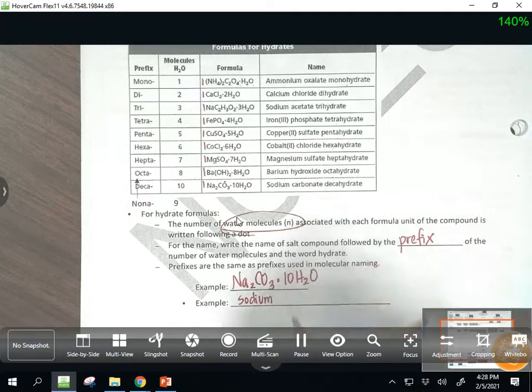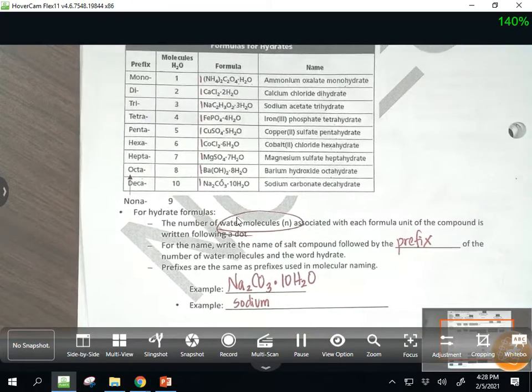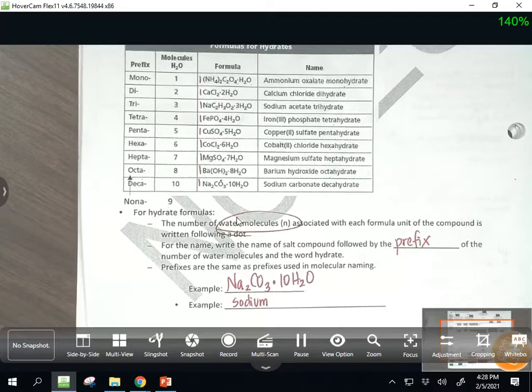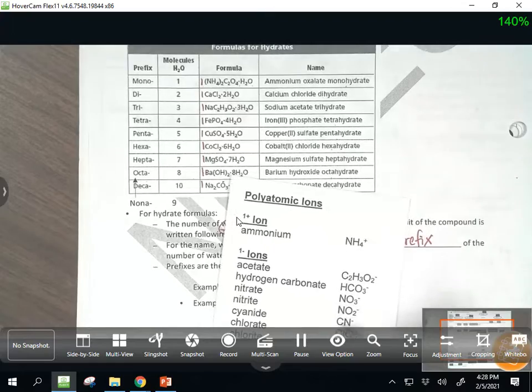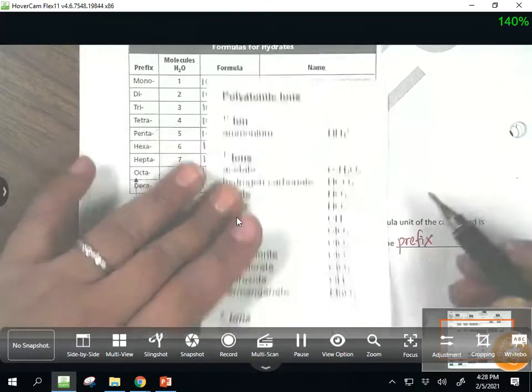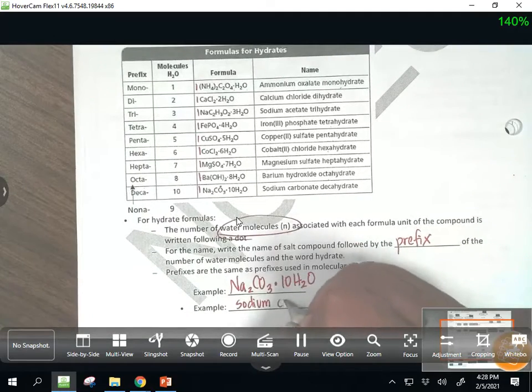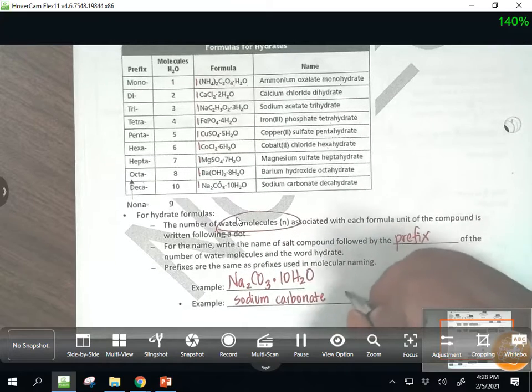And then CO3, I look at my polyatomic ion list, and that is CO3 2-, which is carbonate. So carbonate. 10, the prefix is deca, so it's decahydrate.